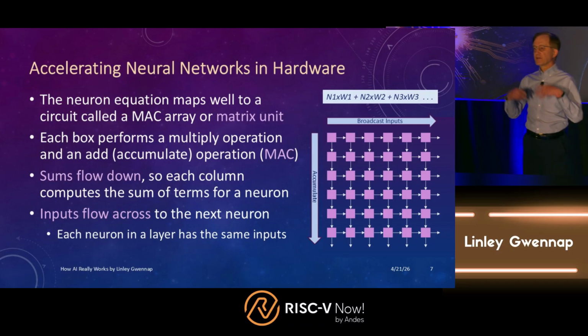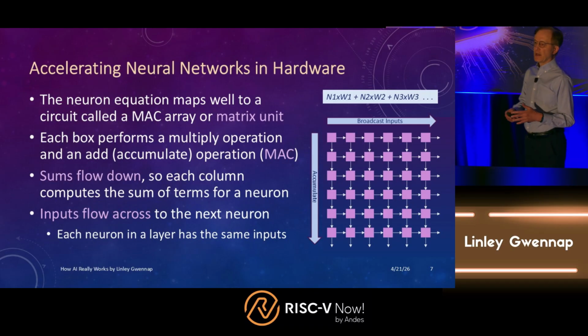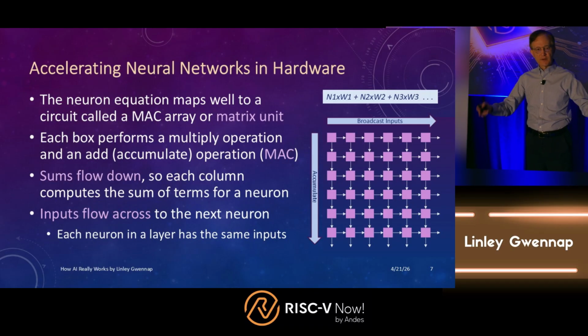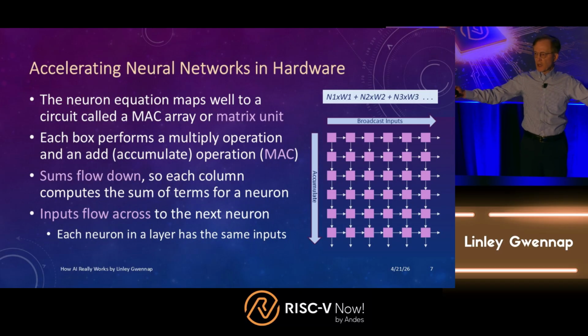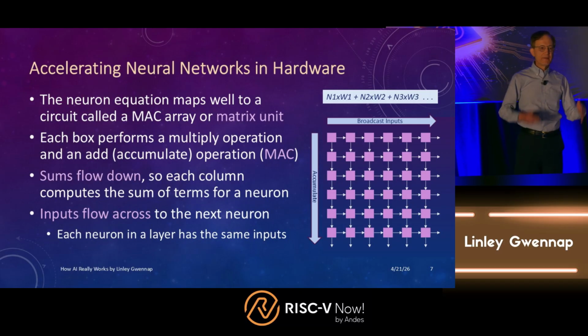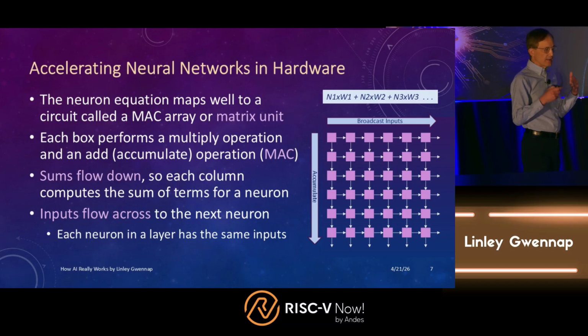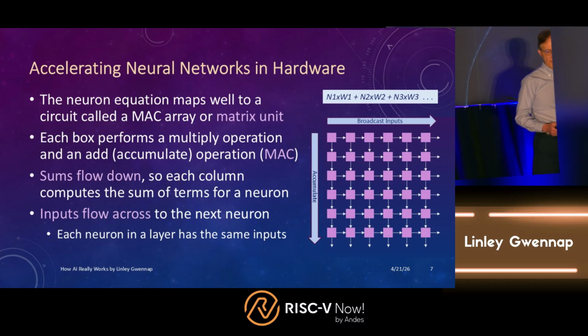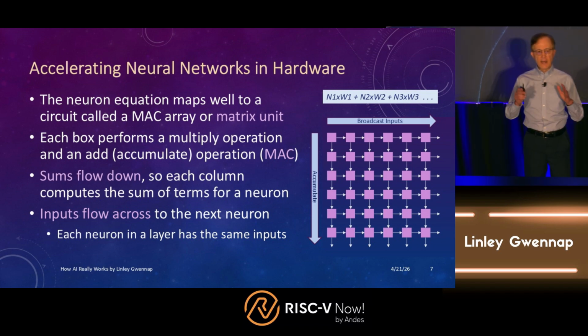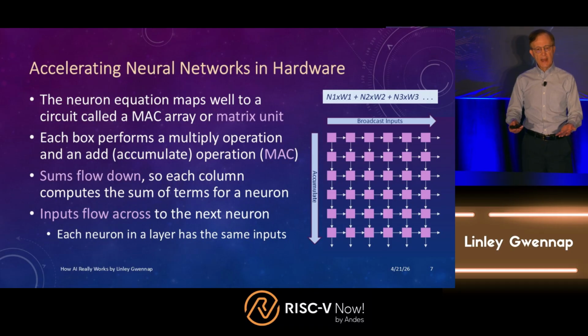And so what we've seen is the deployment of vector units, which Francois mentioned, in order to do more computations in parallel. But even that approach isn't up to these large state-of-the-art networks with trillions of computations. So now the typical implementation for high-end AI chips is something called a matrix unit.